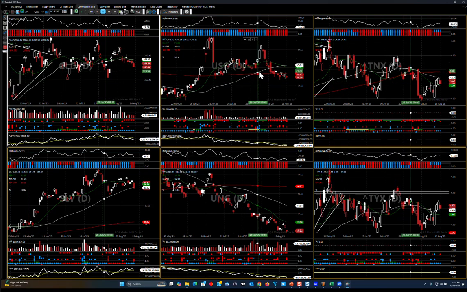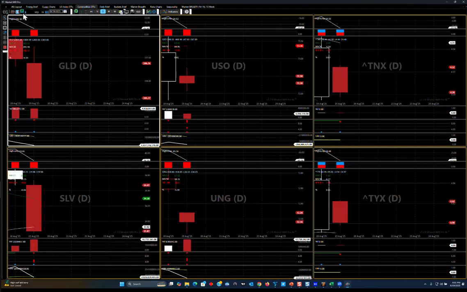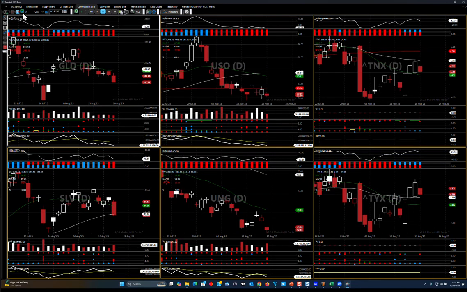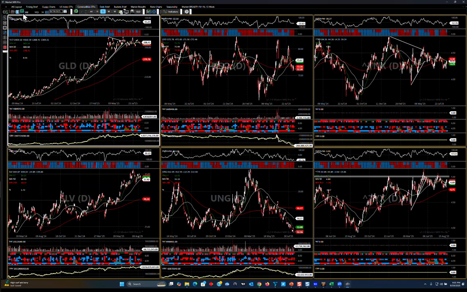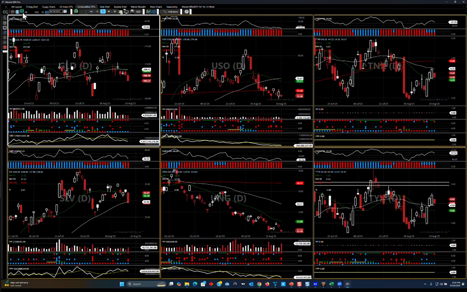Let's say I want to see only 30 bars. Up here, you see the 100? Probably says a different number for you. I hit 30, and it now has 30 bars. If I want 500 bars so I can't read anything, I have 500 bars. So I can define what my optimal number of bars is.